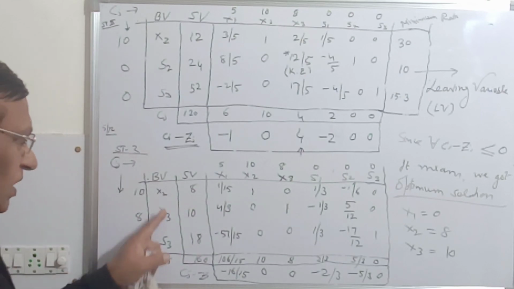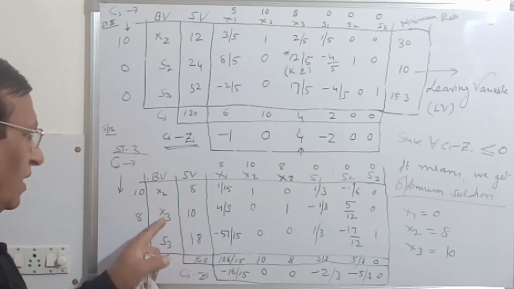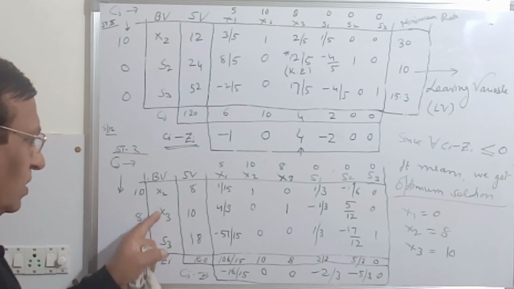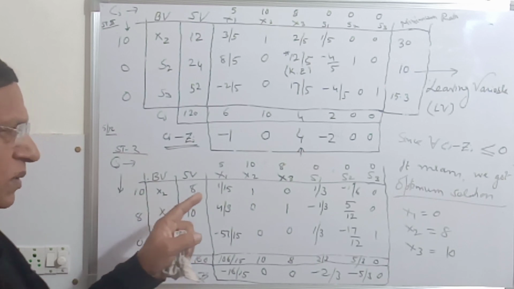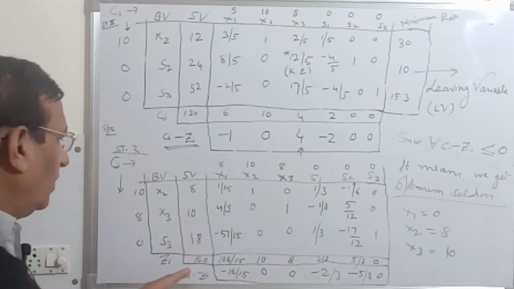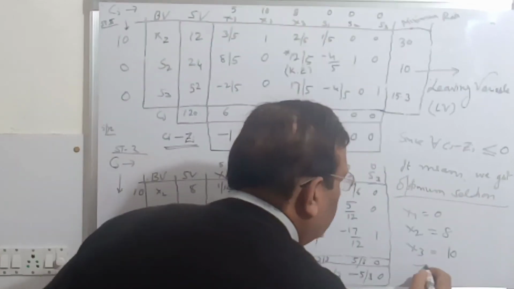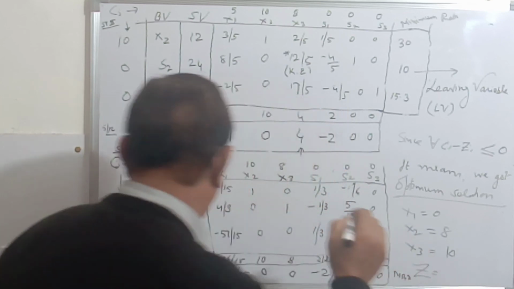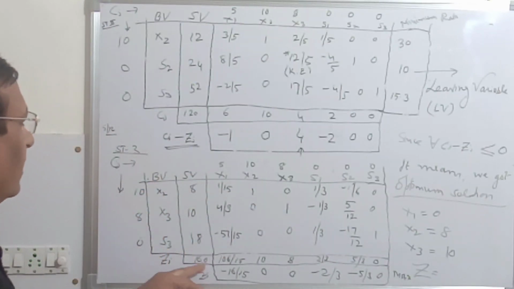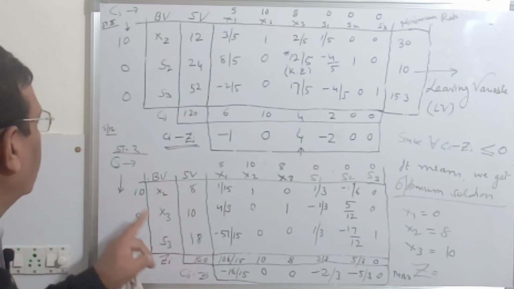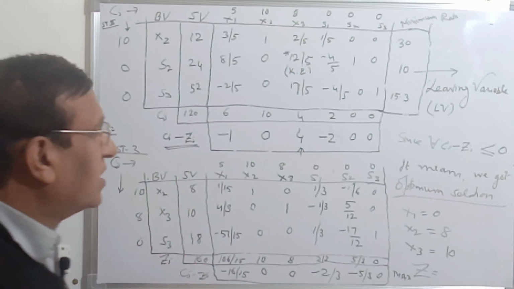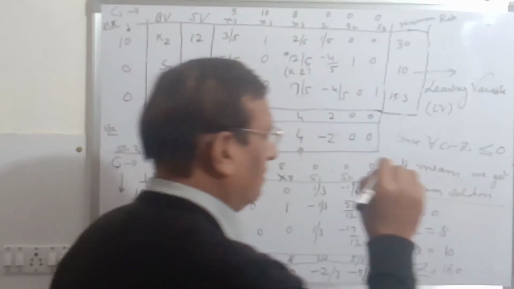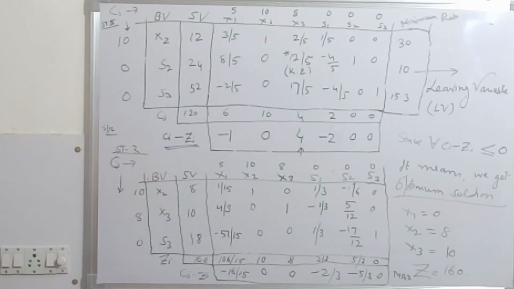So only two variables are selected: x2 is 8, x3 is 10, and x1 is 0 because it is not there. And the maximum value Z maximum is to be taken from this Zj, that is 160. So this is the answer.